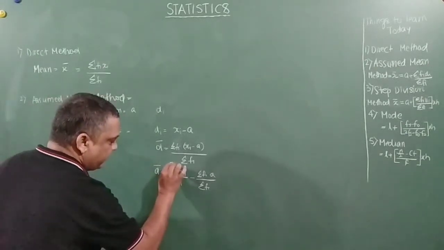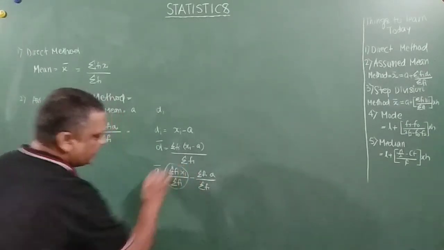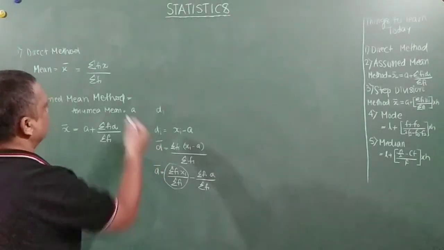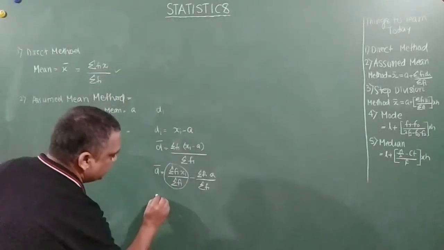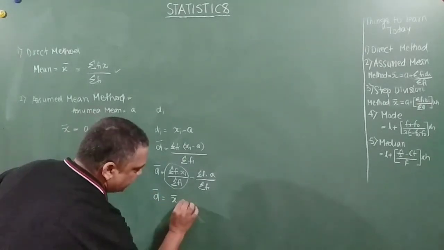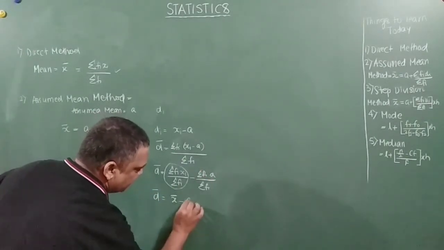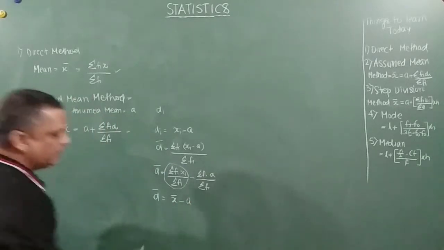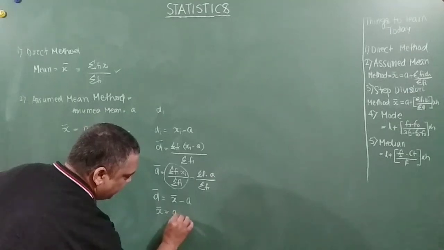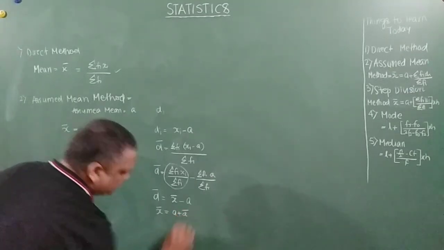Now if we observe this clearly, this is nothing but your x bar, the mean. So d bar is equal to x bar minus A, as this and this get cancelled. Now if we rearrange this equation, we get x bar is equal to A plus d bar.